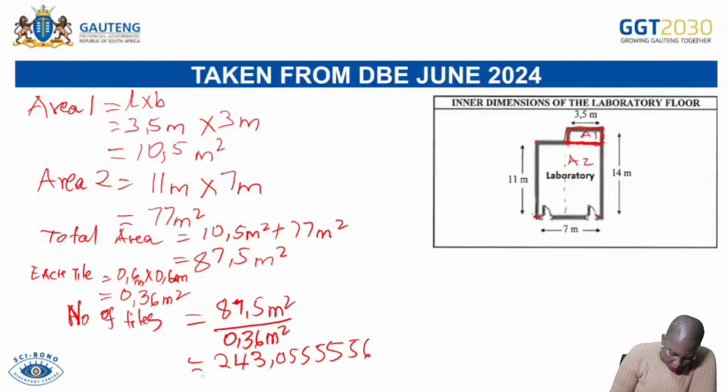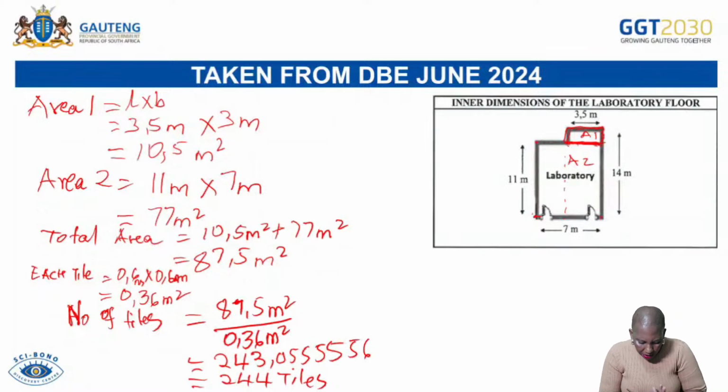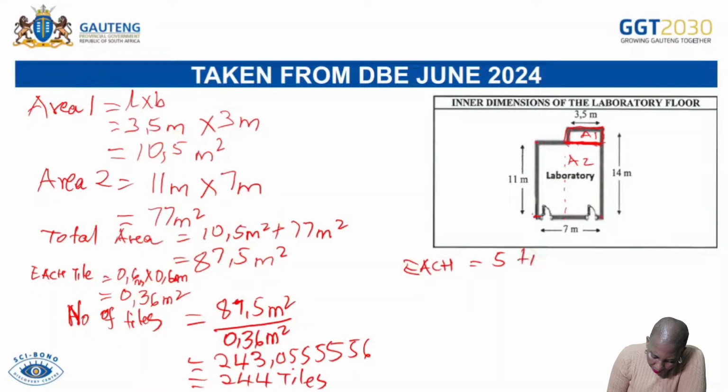243.055556. So basically it is 244 tiles, because we don't have a piece of a tile. It comes out as a full tile. And then now they said each box has got 5 tiles.